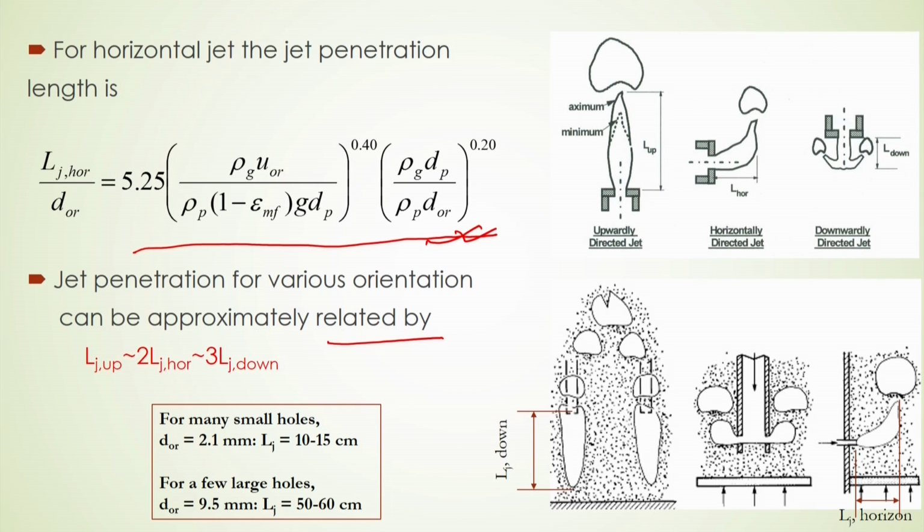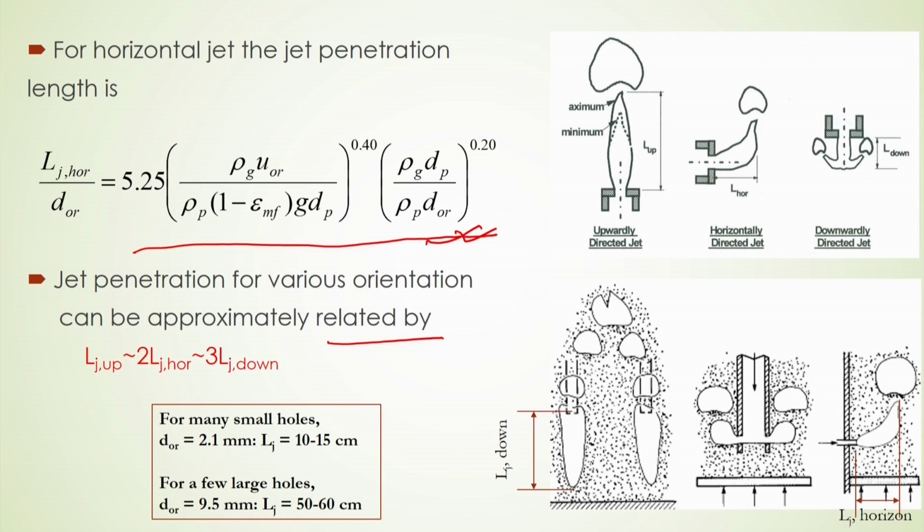For many small holes, this type of penetration length can be obtained by just doing the experiment with an orifice diameter of 2.1 millimeter, and you can get a jet penetration length in the range of 10 to 15 centimeter.